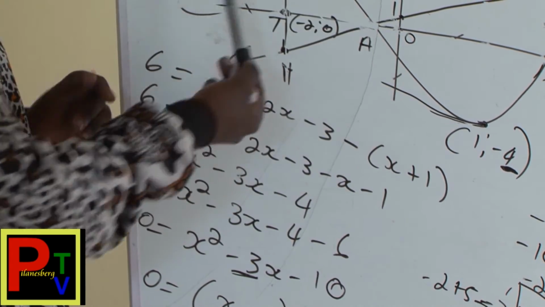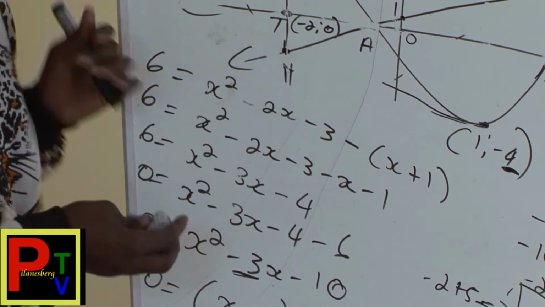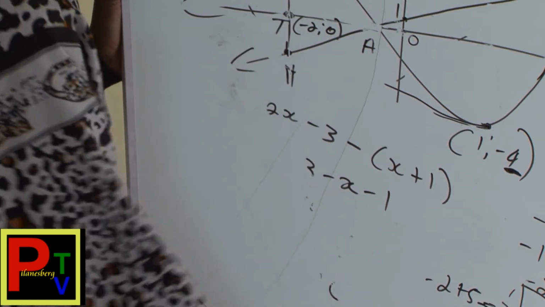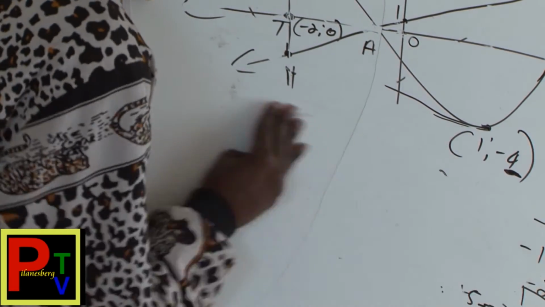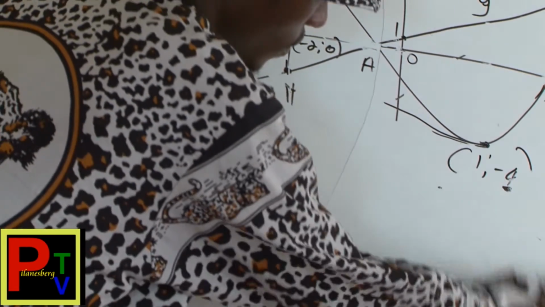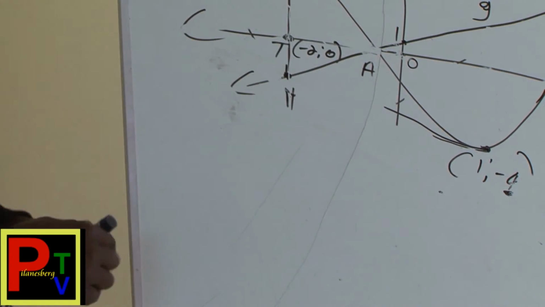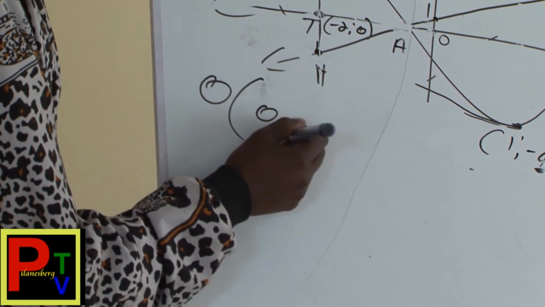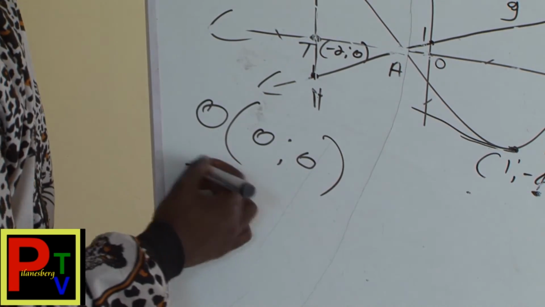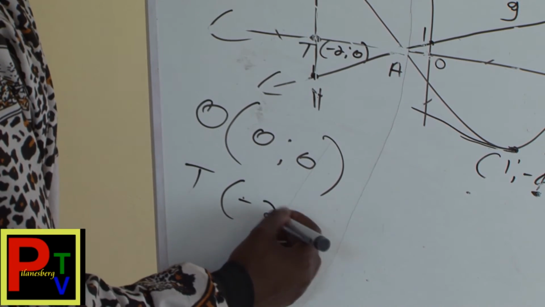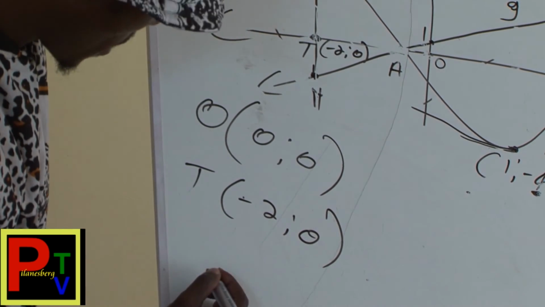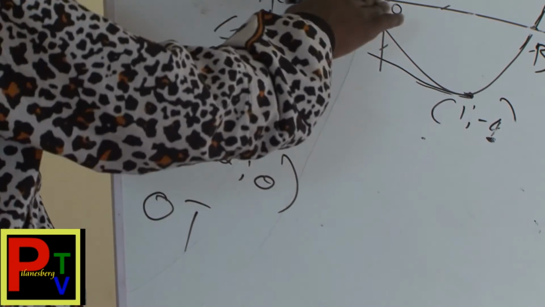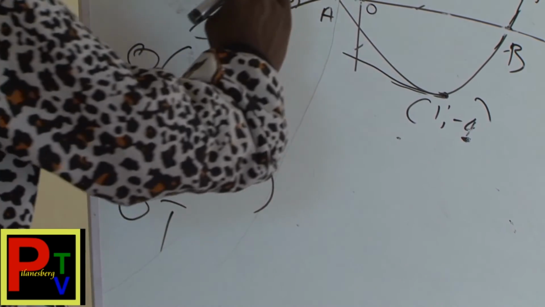This one is horizontal, so we only focus on the x value. We have OT. The coordinates of O, the origin, are 0 and 0, and T is negative 2 and 0. Therefore, OT is a horizontal distance.